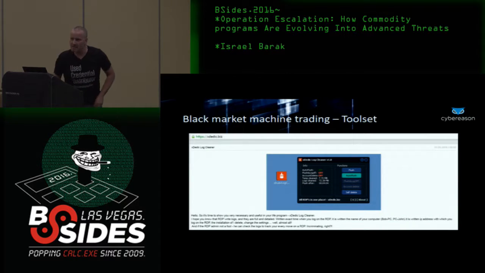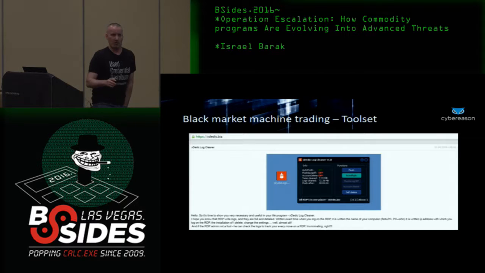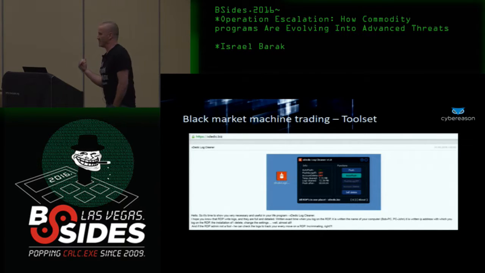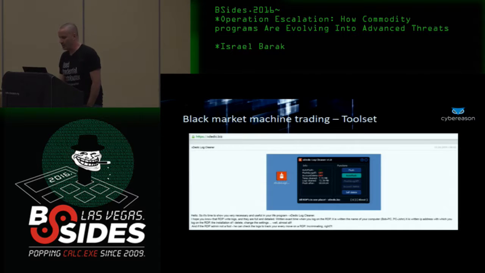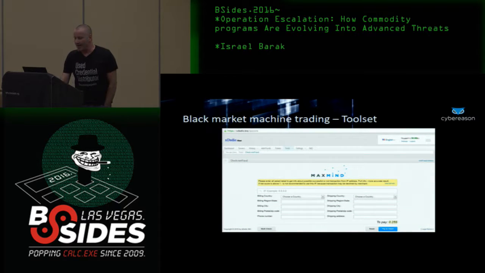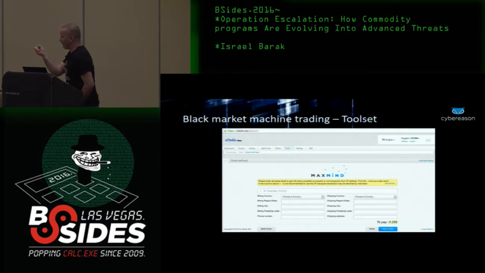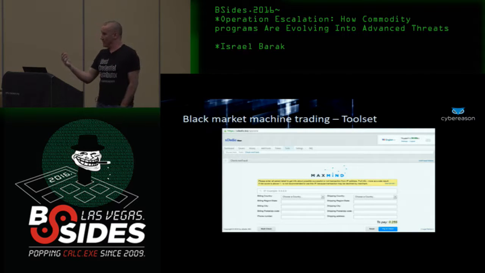Next one is RDP log cleaner. So if you bought an RDP, you want to make sure that you cover your tracks after each session, then you get this nice tool here. But really the more interesting stuff are the next two tools. This tool actually helps you evaluate if the server or endpoint that you're about to buy was blacklisted by someone. Right?